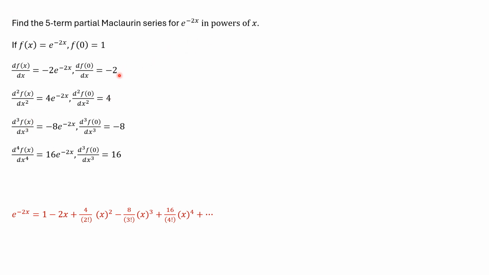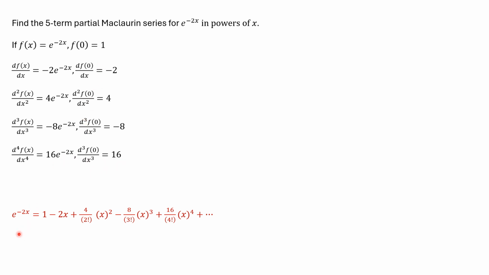The next derivative, we'll get negative 2 times negative 2, or 4, e to the negative 2x, and that would give me 4. The third derivative would give me negative 8 times 1 is negative 8, and the fourth derivative would give me 16.